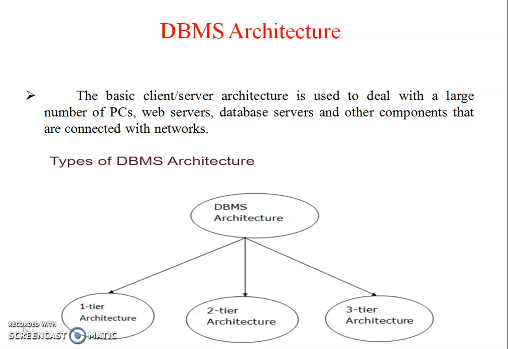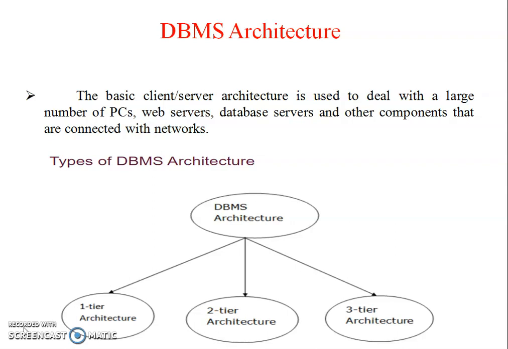In this architecture, the database is directly available to the user. It means the user can directly sit on the database and use it. Any changes done will be directly on the database itself. It doesn't provide tools for the end user.